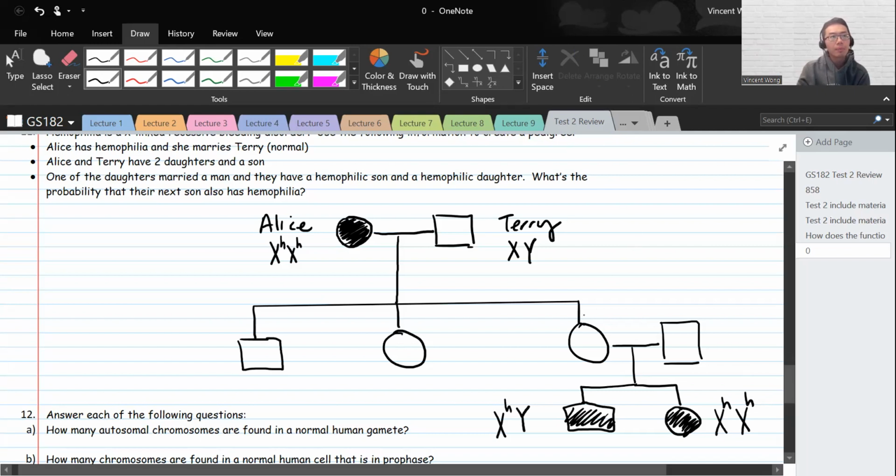Okay, so now we're gonna work backwards. Where did the XH XH come from? One of them has to be from the mother and the other one has to be from the dad, and the other allele must be Y. Even though the question didn't tell us, we know that he is going to have hemophilia.